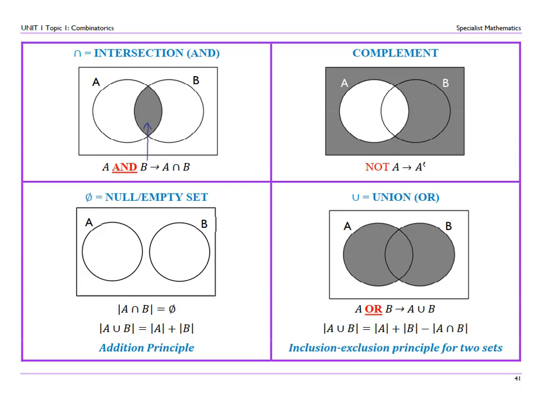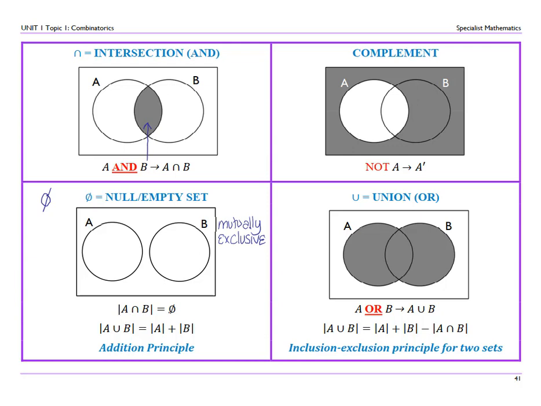Now a null or empty set is denoted by a circle with a line through it. Now if I looked at the sets A and B here, where these are mutually exclusive, so that means there's no overlap, I can say the number in A intersects B is 0.